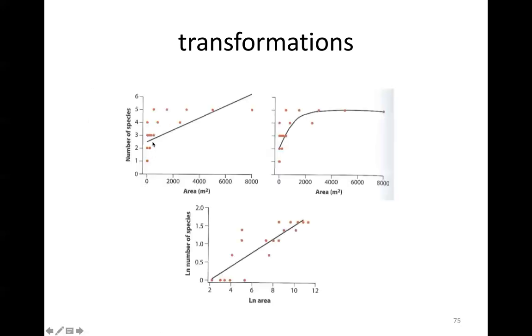And here we see the same example we had seen before. So the relationship between number of species and area seemed to be non-linear. But in fact, if we log transform both variables, we get a more or less linear relationship. It's not perfect, but it's much more linear.